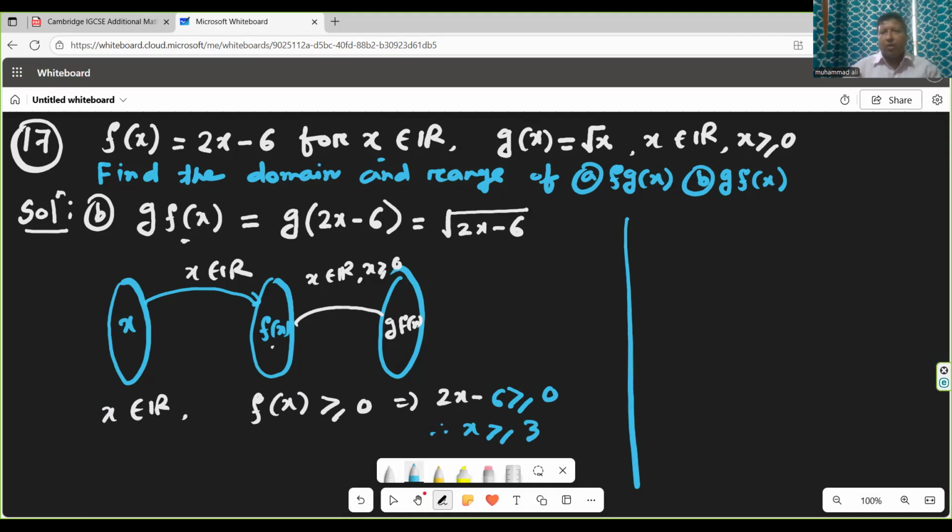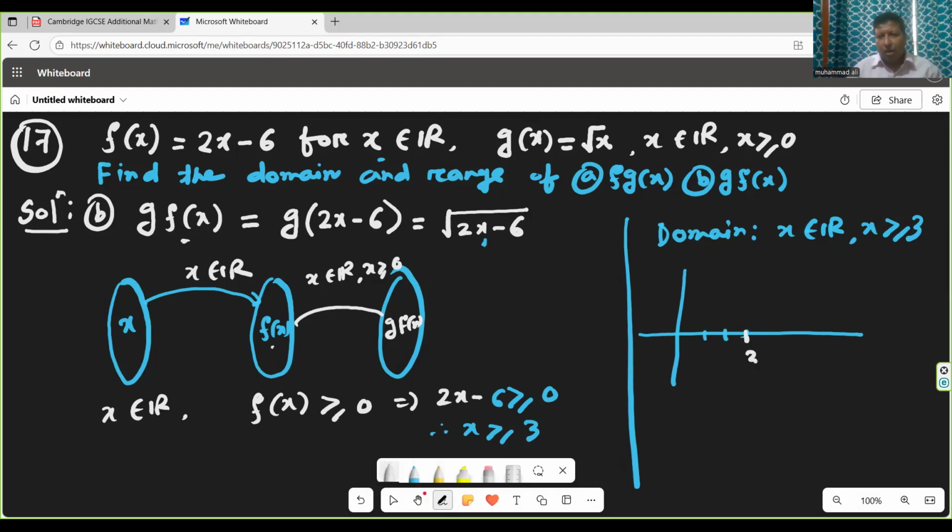So we will write here the domain: x belongs to real numbers and x greater than or equal to 3. Now if we want to find out the range, we sketch this curve. When we put x value 3, gf(x) is 0.